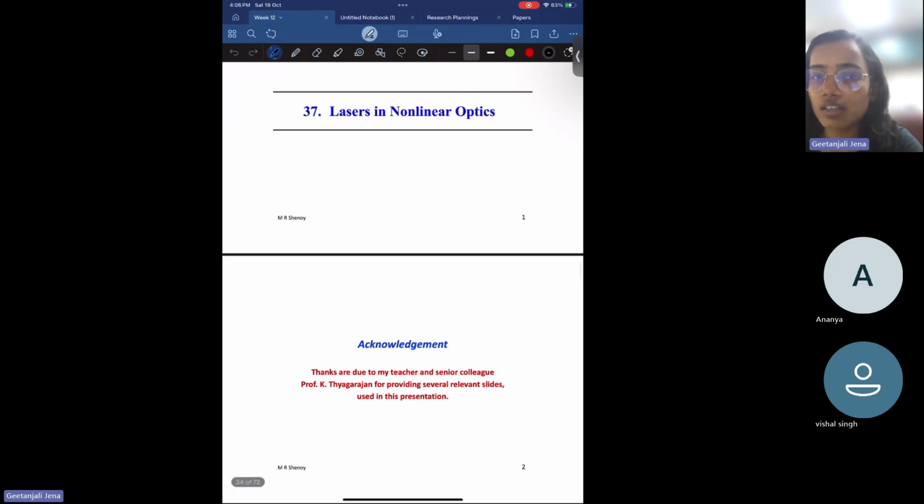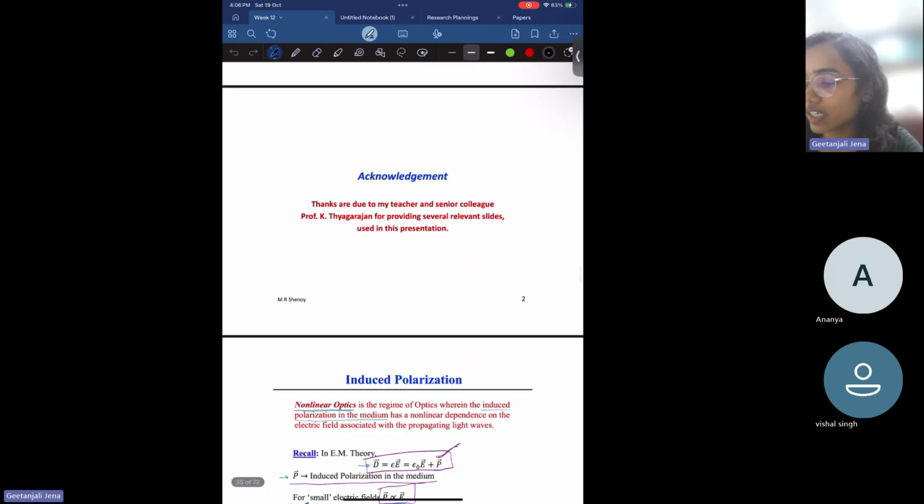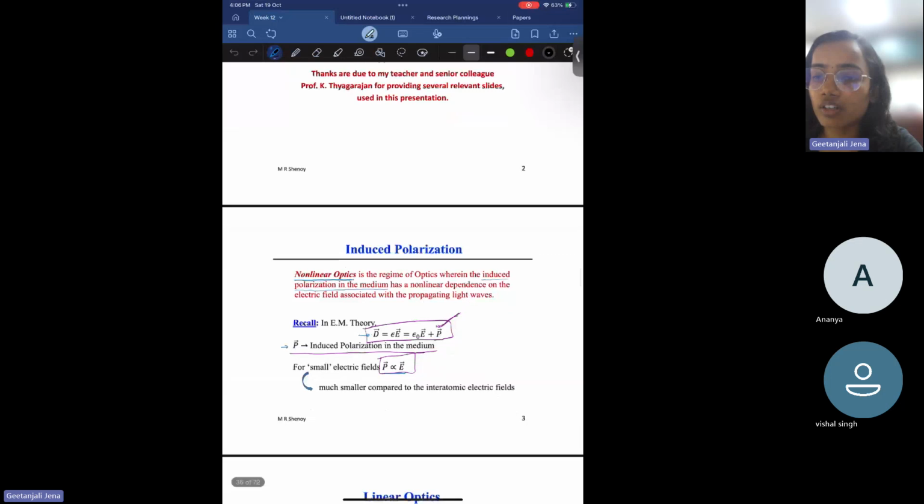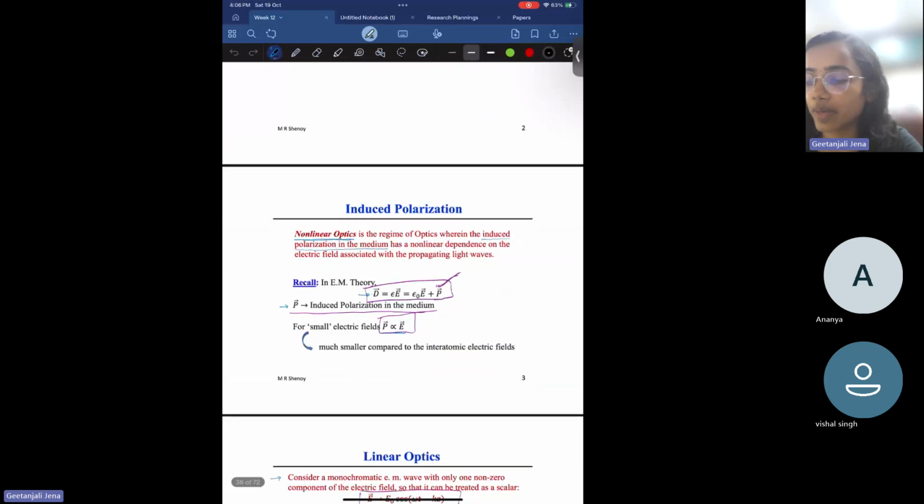So we're looking at how lasers can be used for nonlinear optics. By the term non-linearity, we mean the polarization of the medium has a non-linear dependence on the electric field associated with the propagating wave. Let's say we have a material.